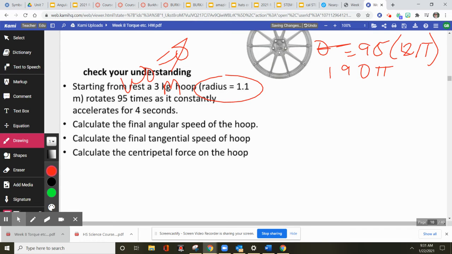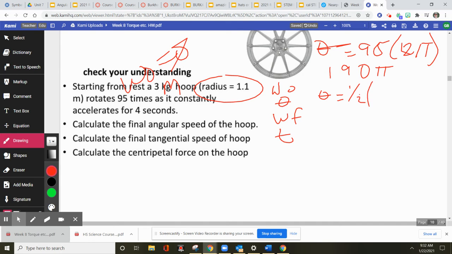Calculate the final angular speed of the hoop. So again, we have initial, we have theta, we want final, we have time. It's the same equation we had before: x equals 1/2 (v naught plus vf) times t, but now we're using thetas and omegas because it's angular.